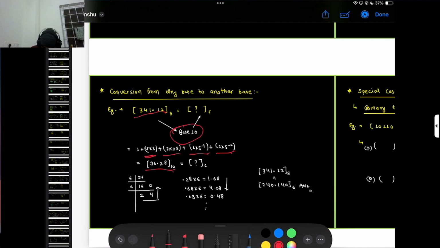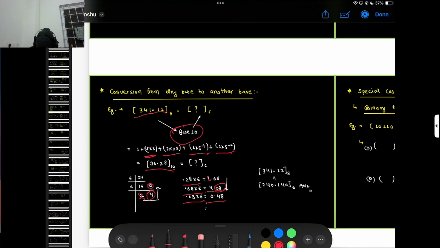If we got this number 96, divide by 6, so that is 16, 16, so 0, here is 2, so 4. So how can we write this? 0.286, multiply, then 1.68, 4.08, and 0.8 multiplied by 6 is 0.48.